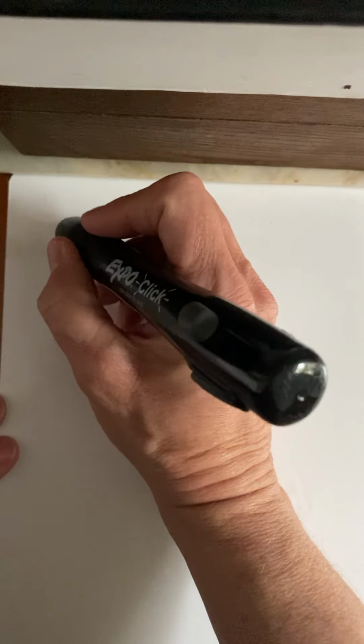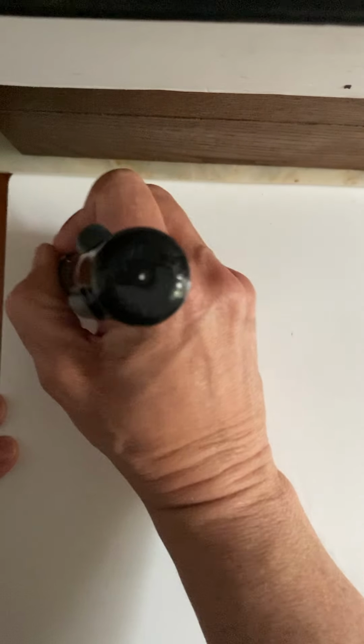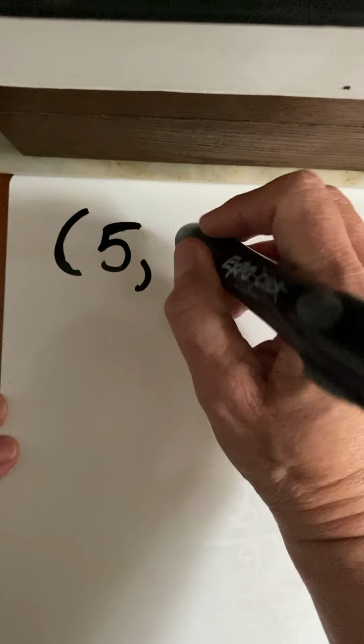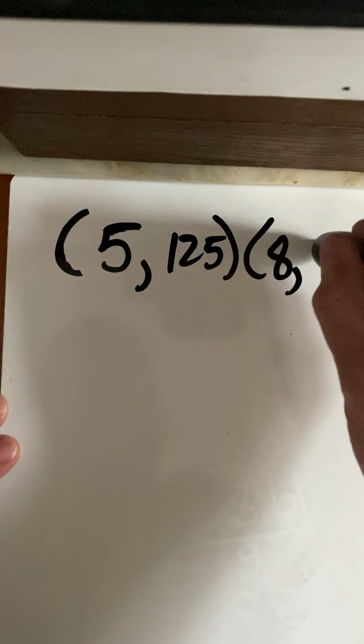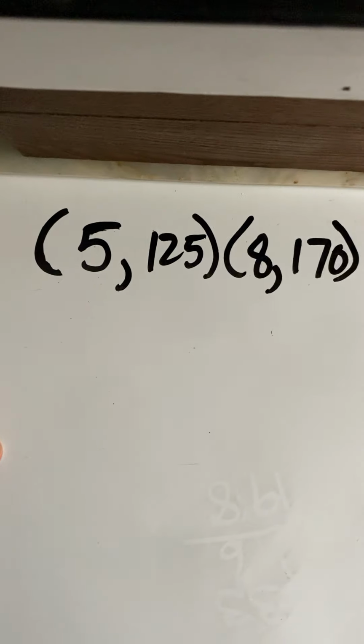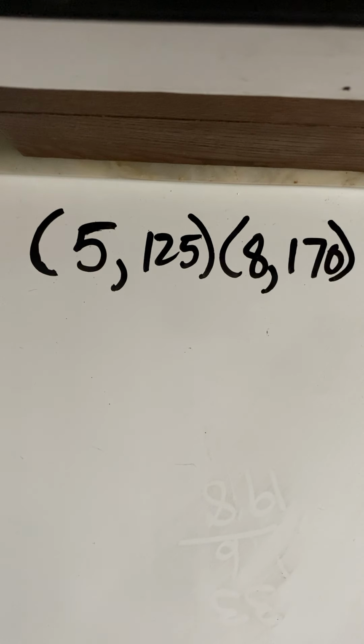So now they're giving us 5 races cost $125, 8 races cost $170. So what do you think they're giving us? They're giving us 2 points. So instead of a slope and an intercept, or a point and a slope, now they're giving us 2 points.